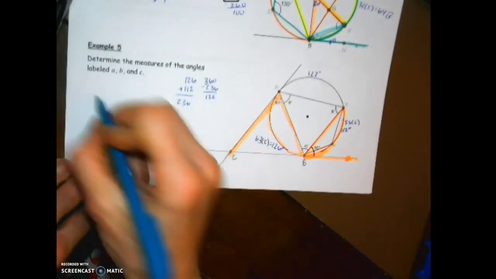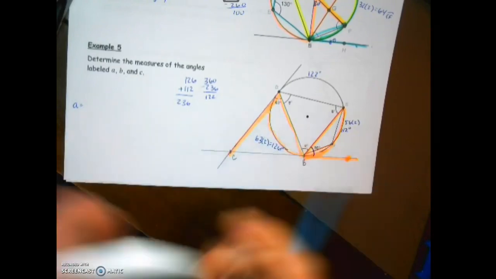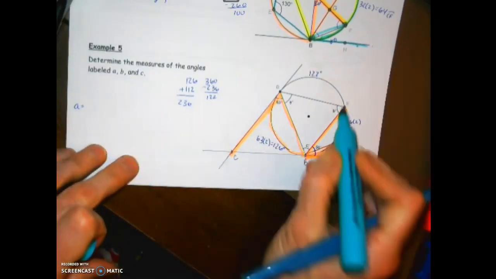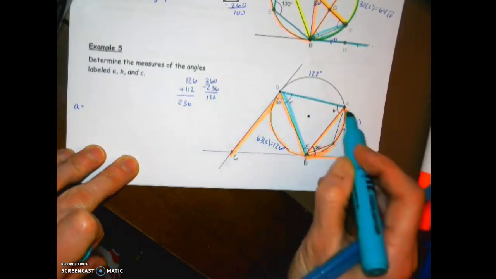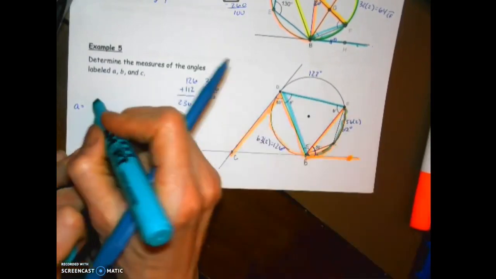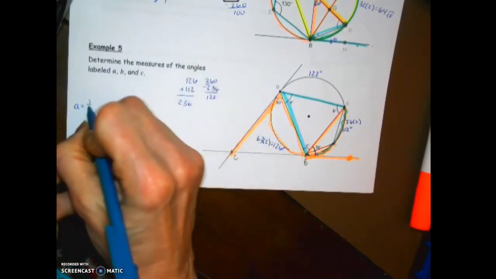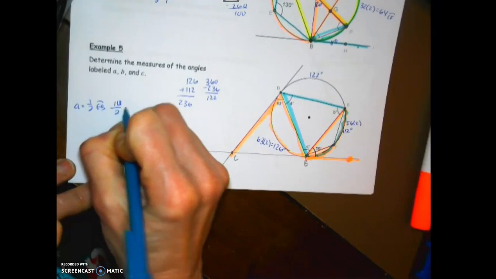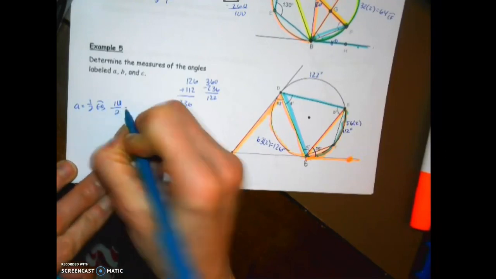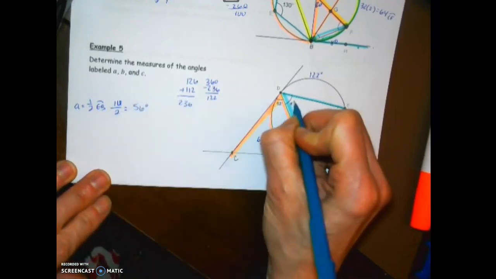So if we look back here, angle A is going to be an inscribed angle, and that's going to be half its intercepted arc of arc EB. So it's going to be half of 112, which is 56 degrees.